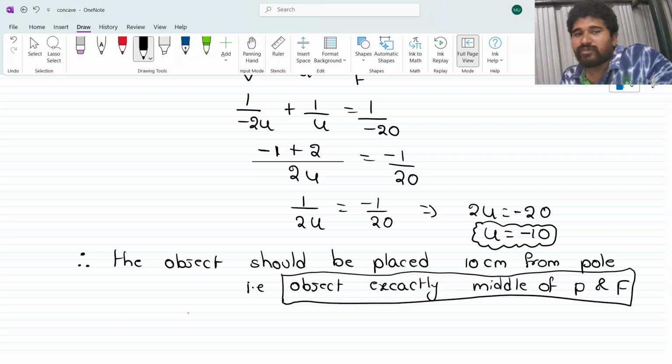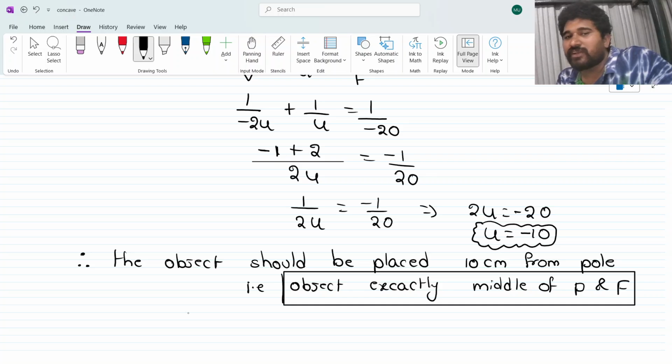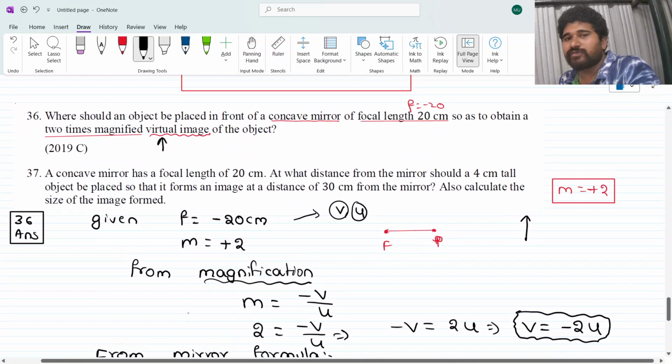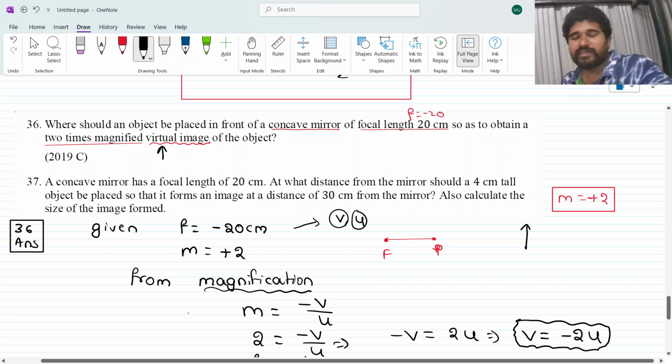People will tell between P and F, but we said exactly middle. Very good conclusion it is. Is that clear for everybody? Understood? Okay. We'll stop it here.